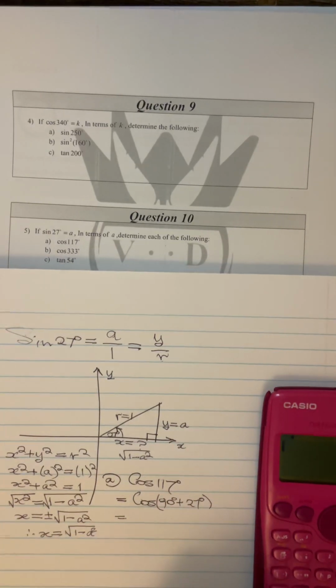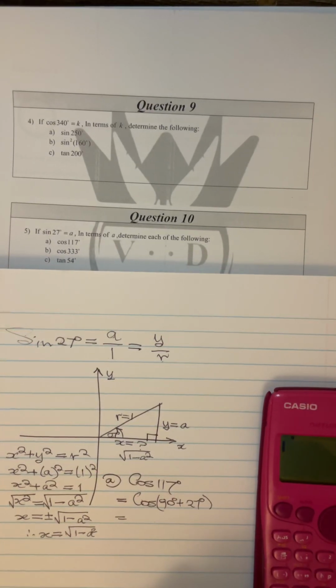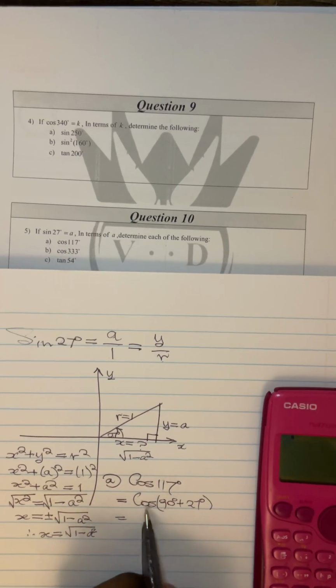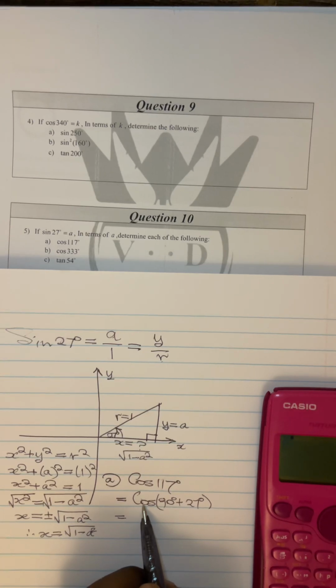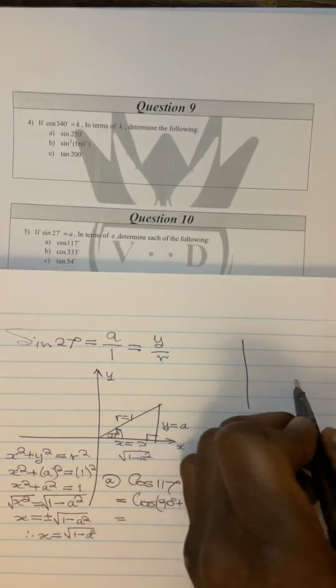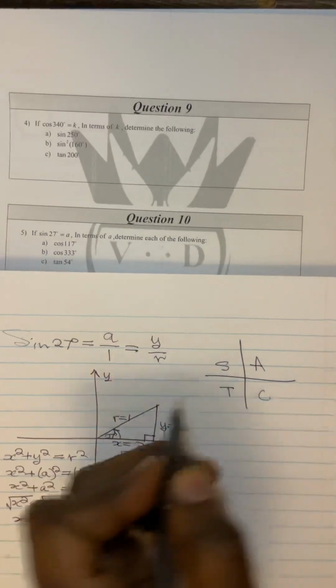This we can use reduction in order to simplify our trigonometric ratio. So therefore we will have cos of 90 plus 27 degrees reducing to, 90 changes a cos to a sine. If you draw your CAST diagram in this case, you have all students take coffee.